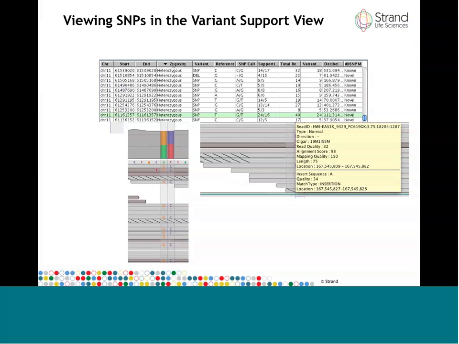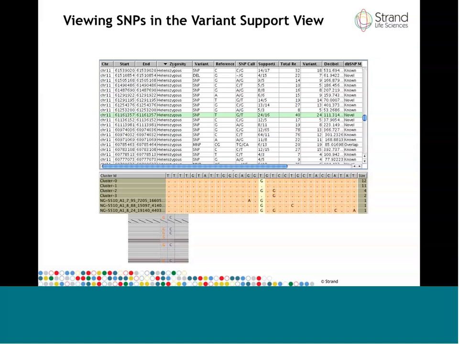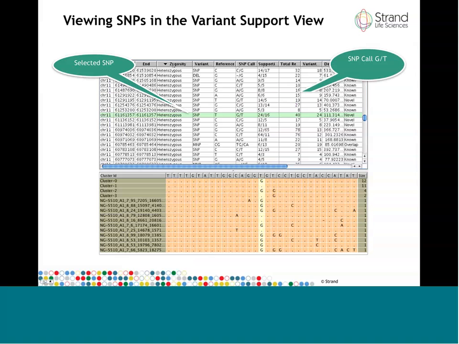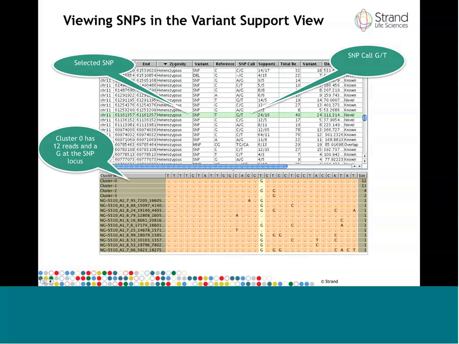In addition to the genome browser, you can also view SNPs in what we call a variant support view, and I'll tell you why that is interesting. You pick a SNP in the table on the top, so that's the selected SNP, and note that it's a GT heterozygous call. At the bottom, you see the variant support view for that SNP.